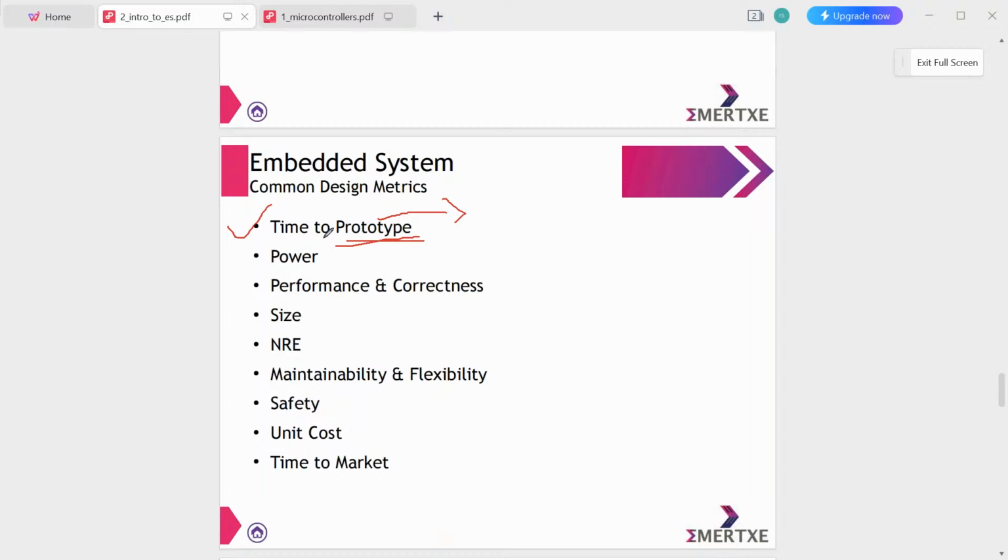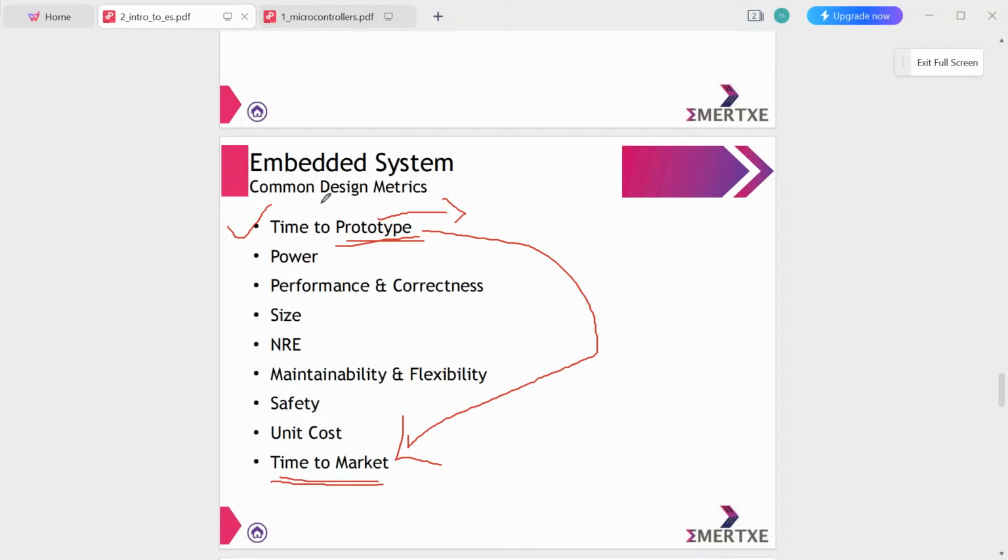If you are investing much time in the prototype instead of creating the product, what happens? The time to market will be affected. Obviously, you will be releasing your product late in the market. Don't forget, you are not alone in the market. Other competitors are there. If you come late to the market, somebody else may already have launched a similar product, then you will not get the first-mover advantage of that product. So obviously your business will not run as expected.